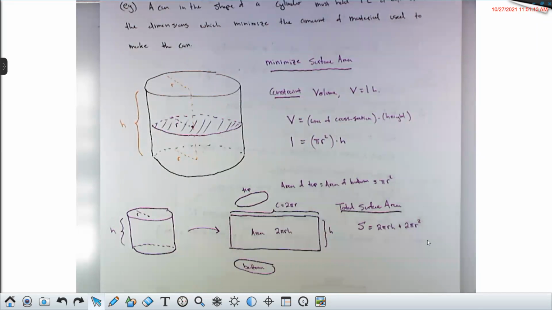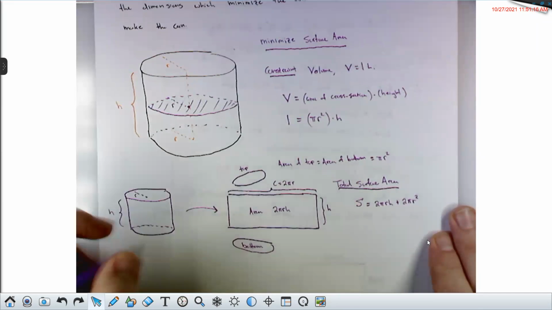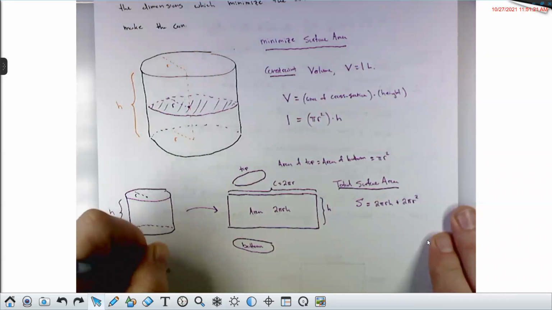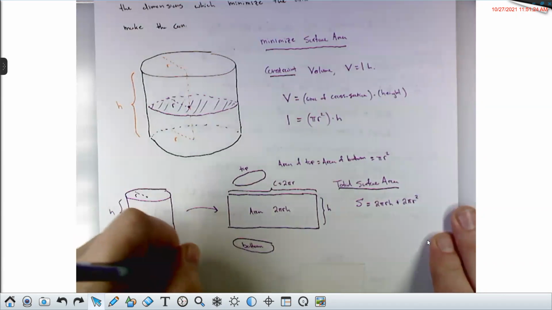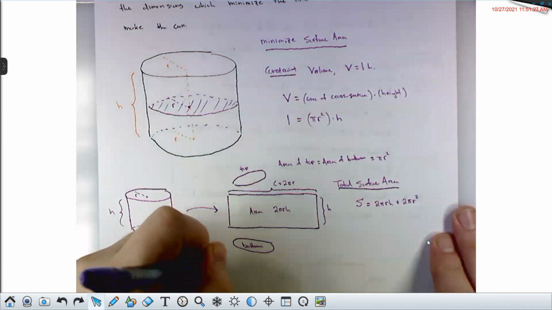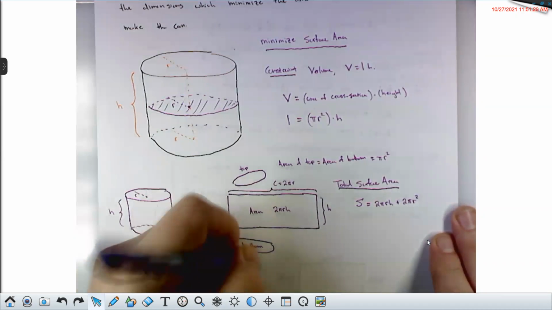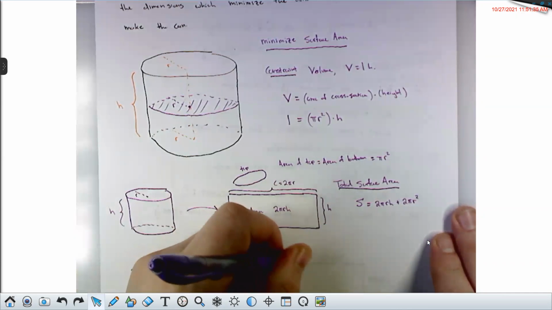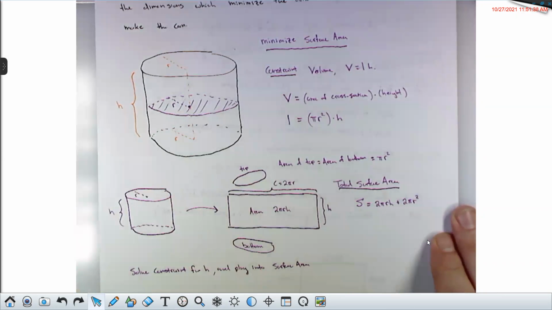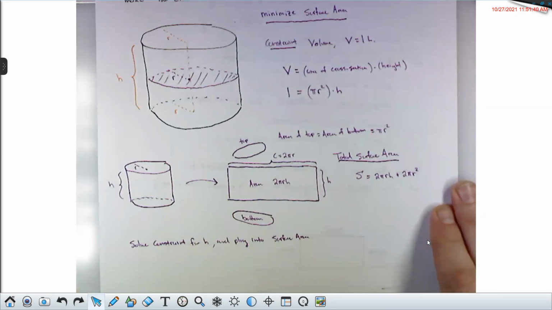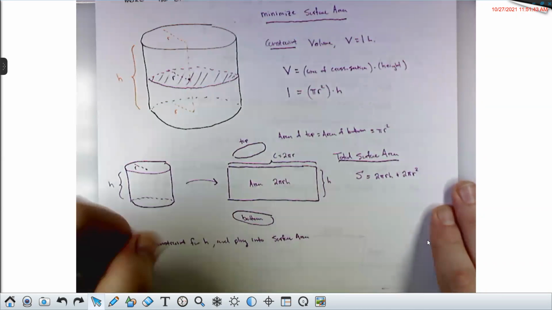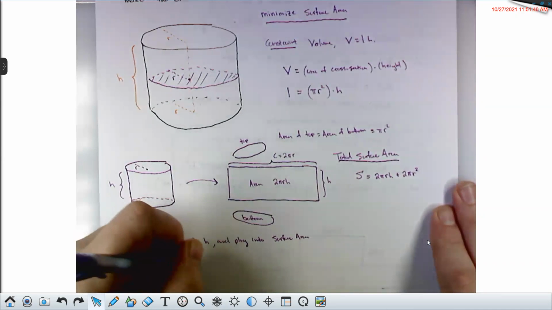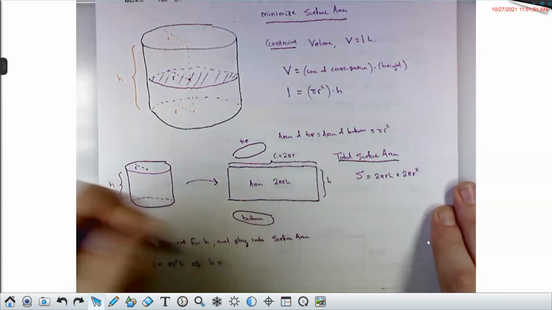And it's easy to solve my constraint for h and plug that into the surface area. So if 1 is equal to pi r squared h, that means h is 1 over pi r squared.